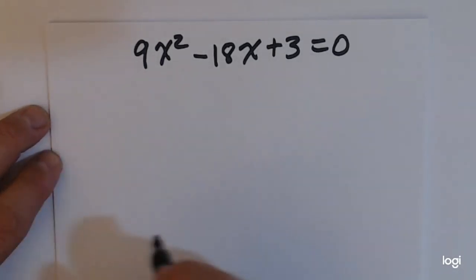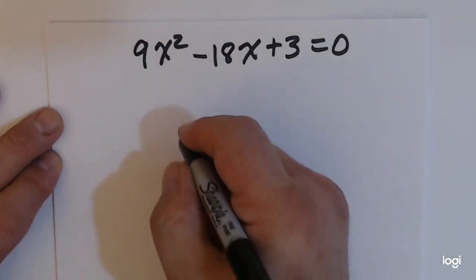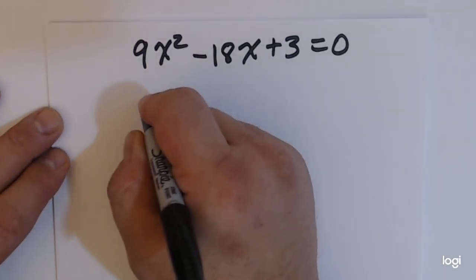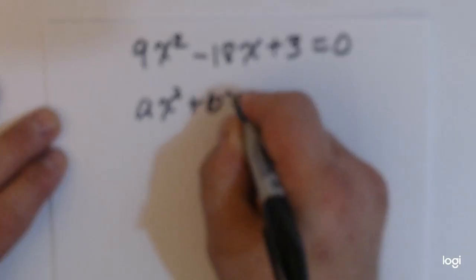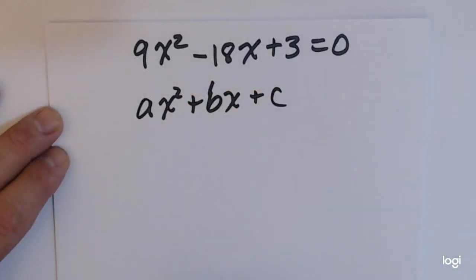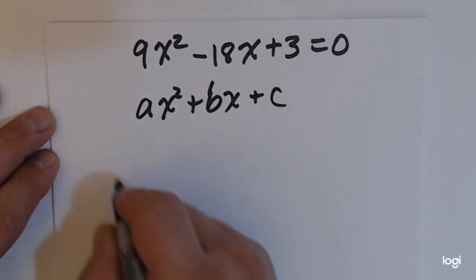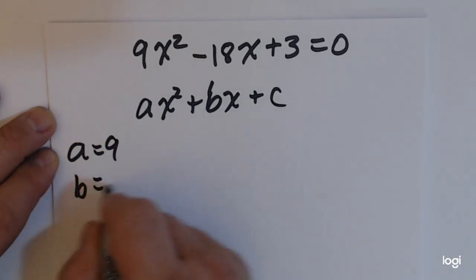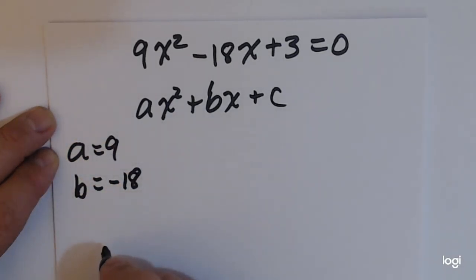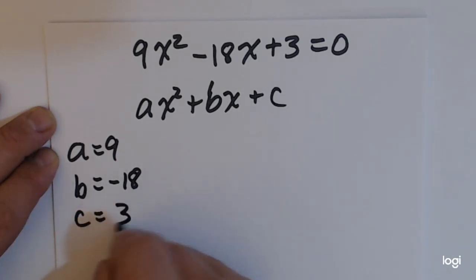So the first thing we're going to do, remember, is our equations are set up as ax squared plus bx plus c. So in this case, a equals 9, b equals negative 18, and c equals 3.